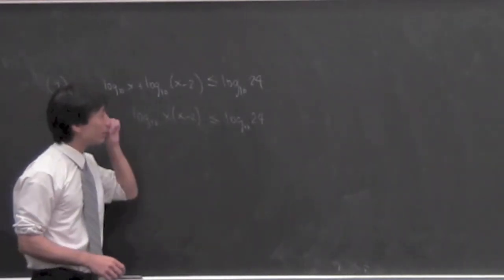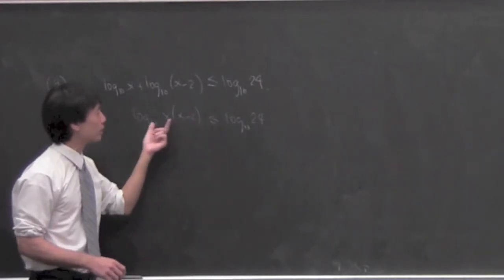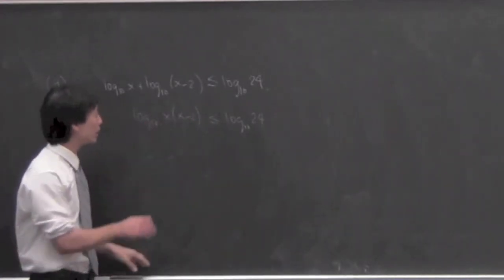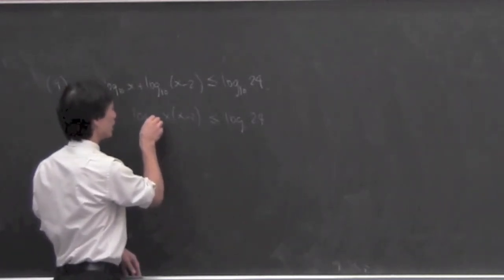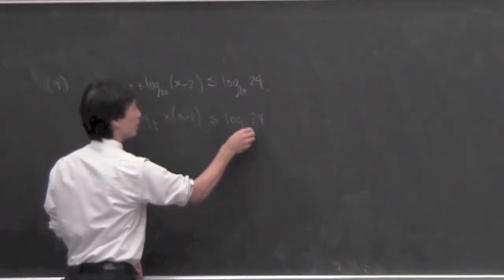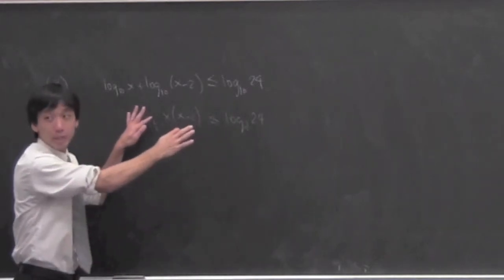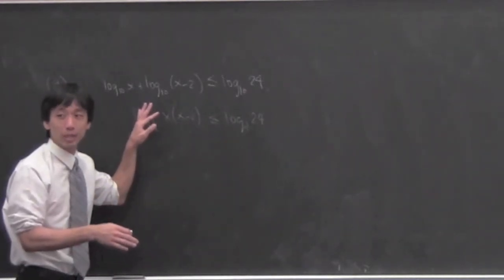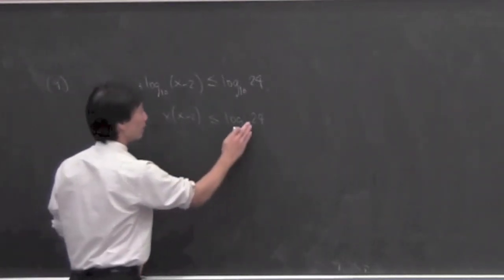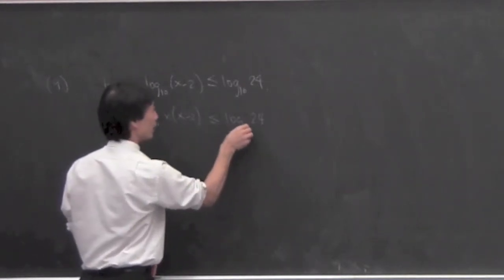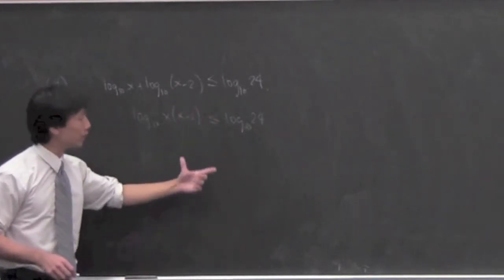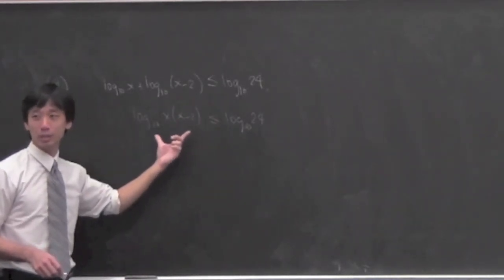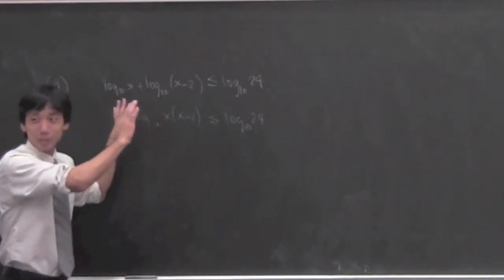Just now you said because it's the same thing, you can just get rid of the logs. That's a little bit risky, because if this were a base of a half, and you just erase logs on both sides, it would be wrong. The way you want to think about it is that we have this inequality and we feed it into the function 10 to the x. It's not that we just erase the logs.